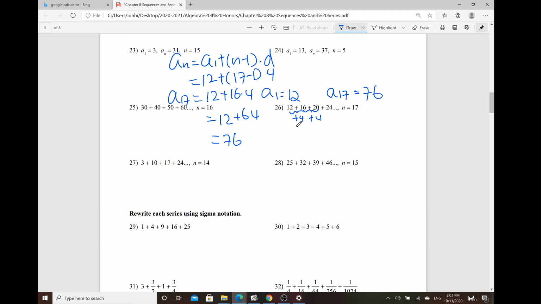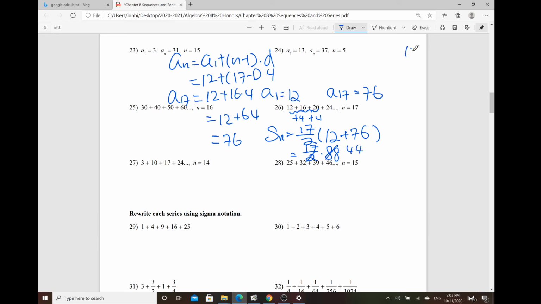So using the summation formula, n over 2, so 17 over 2, times the quantity a sub 1 plus a sub 17. So 12 plus 76. Before you divide, let's just put it this way, 17 over 2, because you want to find things we can cross cancel. So 12 plus 76 is 88, and then 2 goes into 88 44 times.